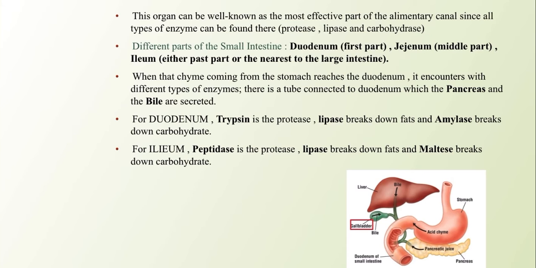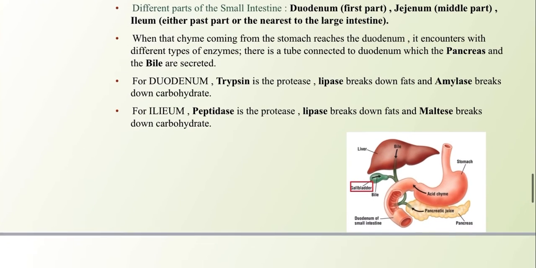And for the ileum, either the last part or the nearest part to the large intestine, the colon, peptidase is the protease. Peptidase, don't forget this. It's different from the duodenum. And also lipase, which breaks down fats in general, and also maltase, which breaks down carbohydrates.